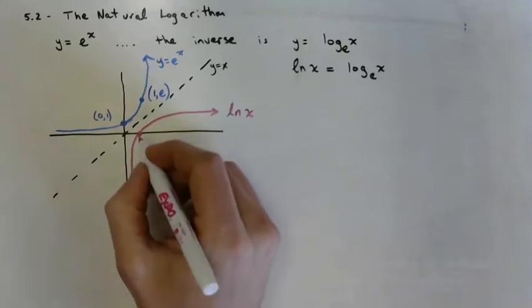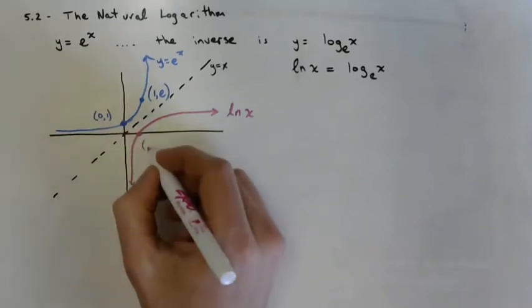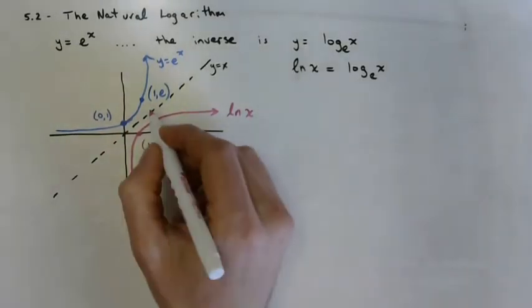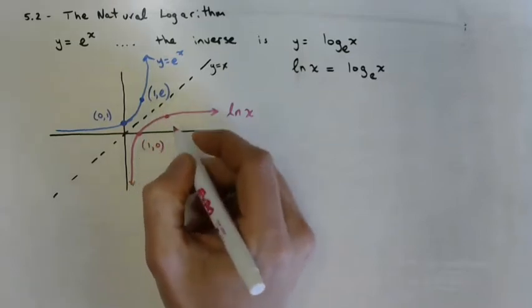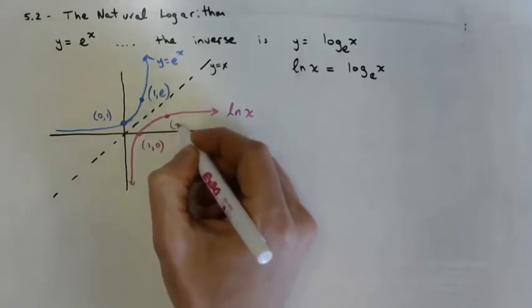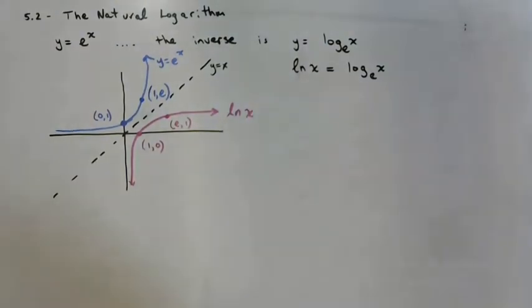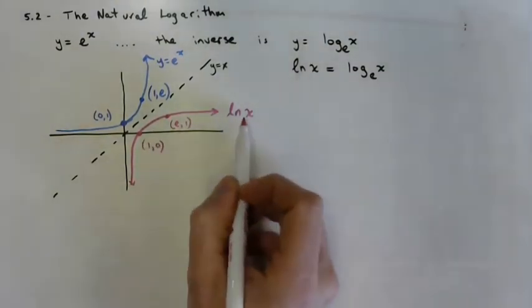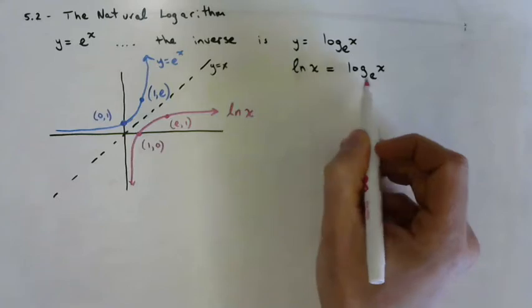Its key points, instead of 0, 1, will be 1, 0, and instead of 1, e, it will be e, 1. So this is a graph of the natural log of x. It is just log of x base e.